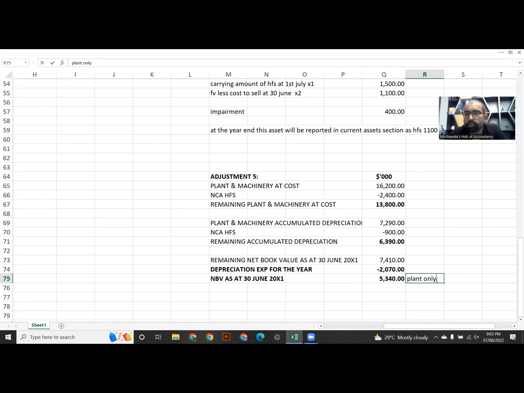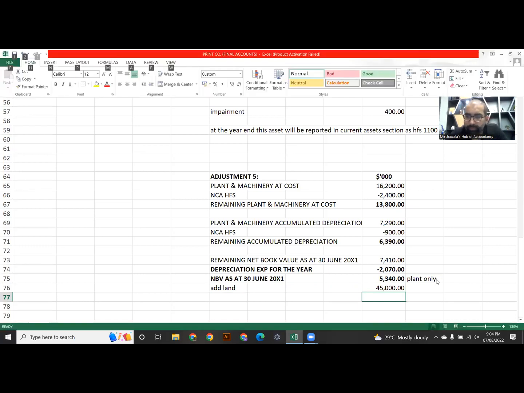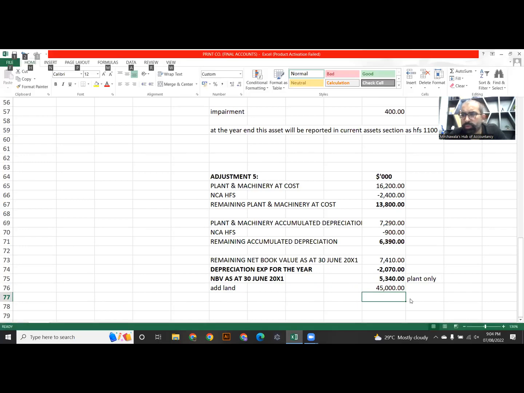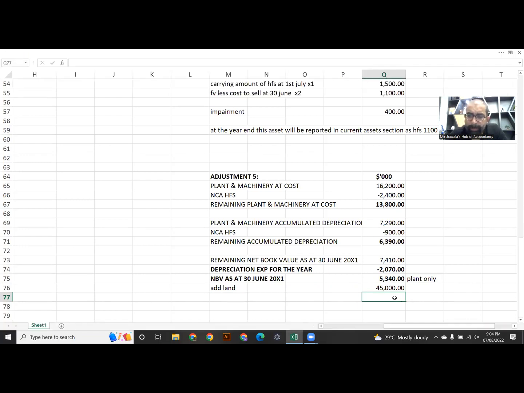If somebody wants to add land as well, you know, you don't depreciate land. What is the value of land? It is 45,000. So finally, what will be the total? I just taught you this. Remember the land thing as well.